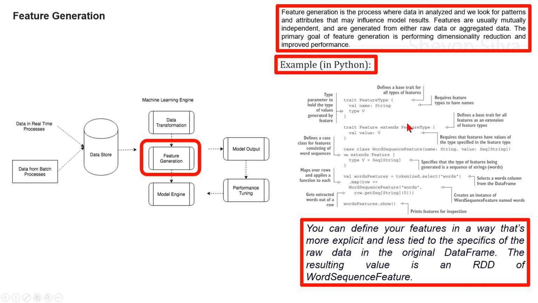Here you can see the code, Python code. Here we define the base trait for feature types, and here we require the feature types to have names, and the type parameter holds the type of values generated by the feature. Here we define the base trait for features as an extension of feature types, and require that the features have values of the type specified in the feature type.